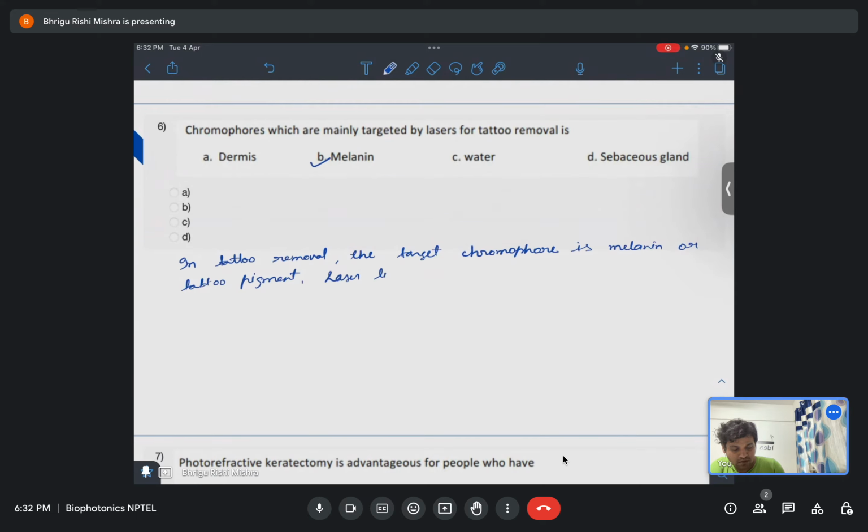Laser light causes extremely rapid heating of tattoo pigment granules.